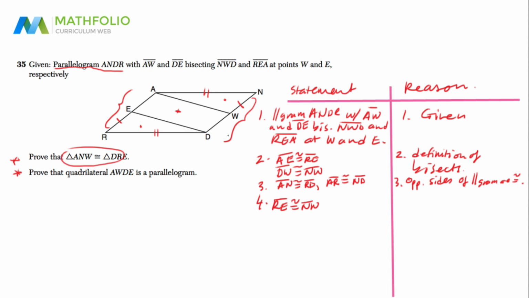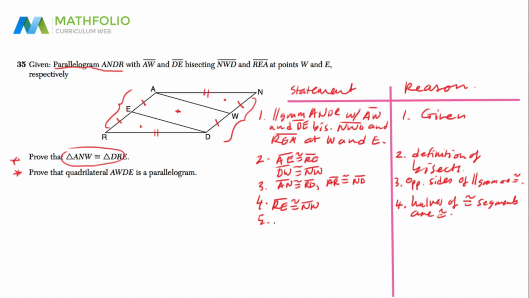And the reason for that is that if RE is congruent to AE, and if NW is congruent to WD, then those are half segments of congruent segments. So that would effectively be our reason: halves of congruent segments are congruent.